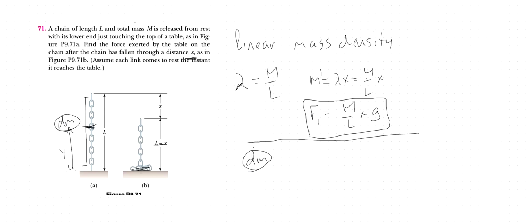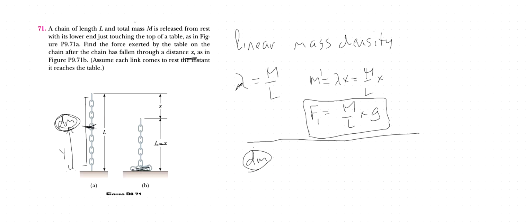While it's falling through this height, it's accelerating thanks to gravity. So the first thing we have to do is calculate the speed of this dm, which is at a particular height.